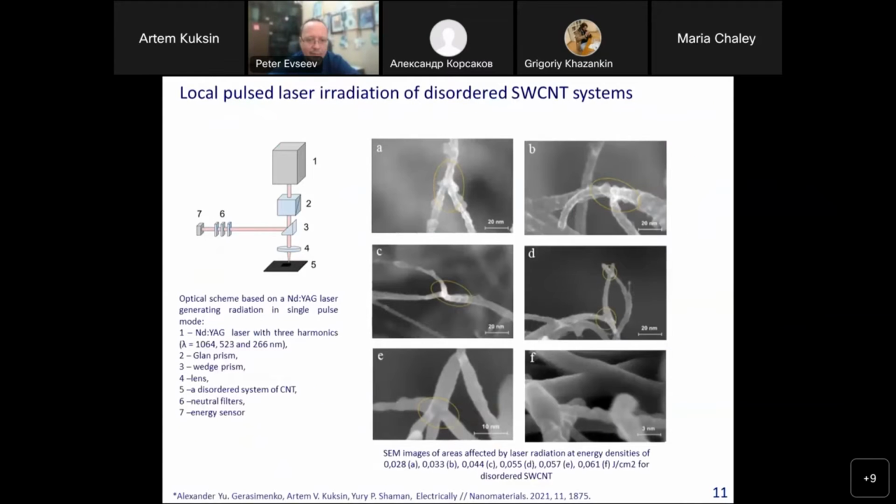The next slide shows that in the experiment we create a nanotube welding area using a pulsed laser. Using mathematical modeling and electron microscopy investigation, we determined the intensity of radiation for welding nanotubes together.